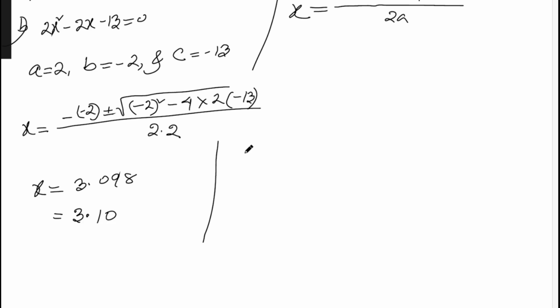And if we take the negative value of root, we will get x is equal to minus 2.098. So if we round it up, we will get minus 2.10.